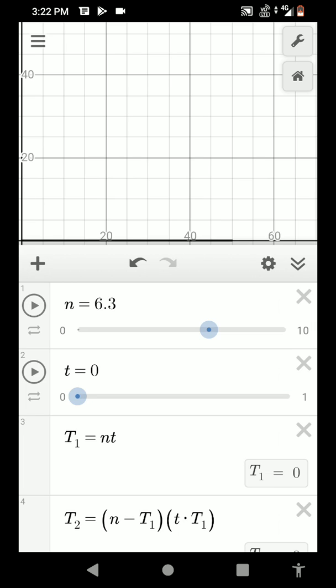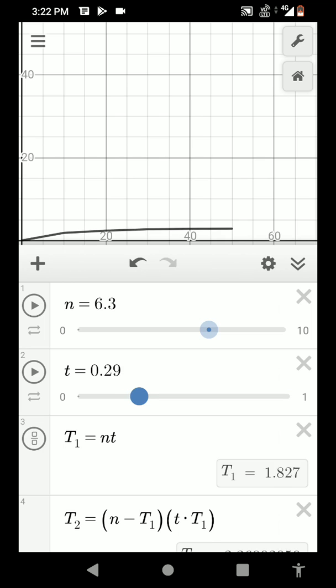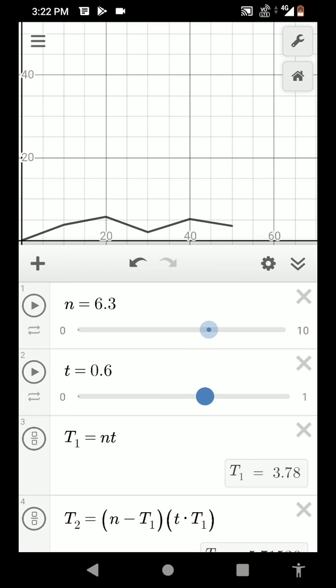Now once I move the slider right, you can see it is about 2%. Now it is 4%. As I keep moving the slider to the right, you can see that the total number of people getting infected rises. Now at a particular point, you can see that there are two spikes. We call this a bimodal distribution.